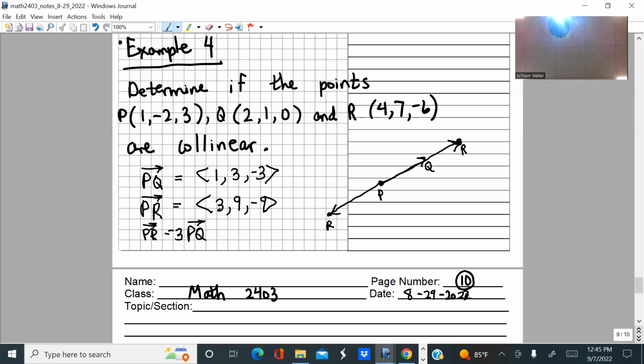Can we just check that? Yeah, that's true, right? We don't even have to write that down, we can easily see that. 3 times PQ gives PR. So indeed, those points all fall on a straight line.